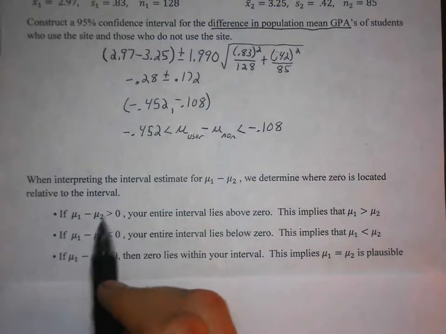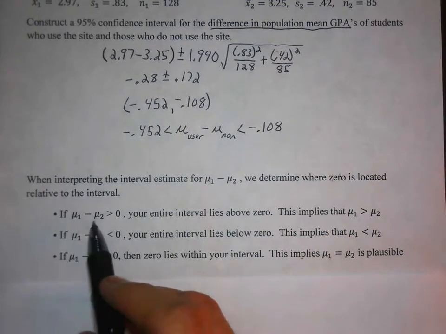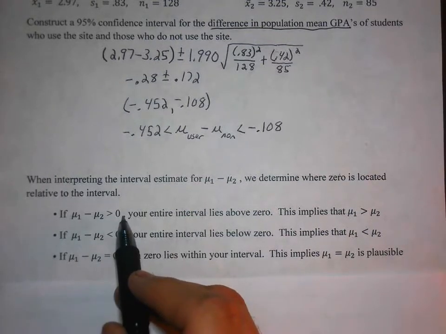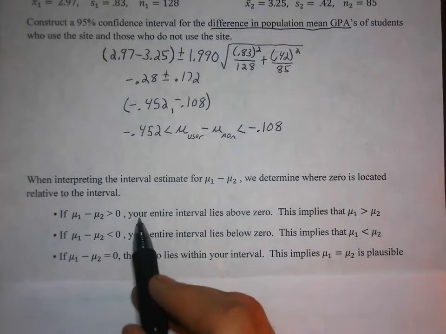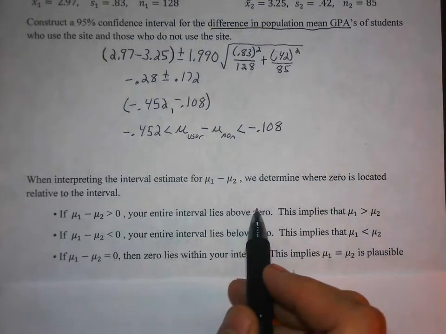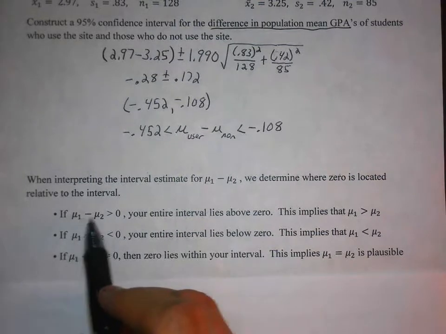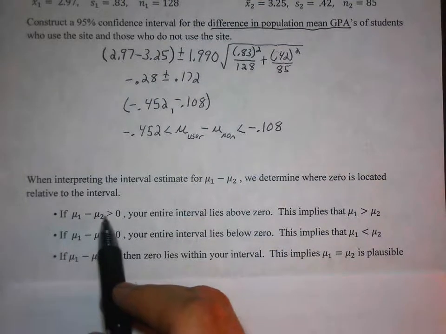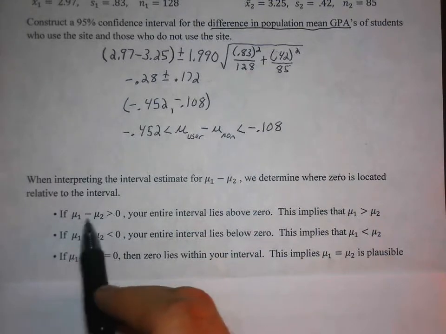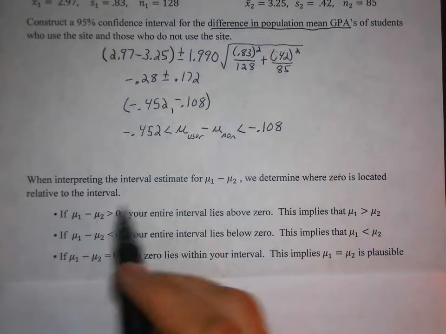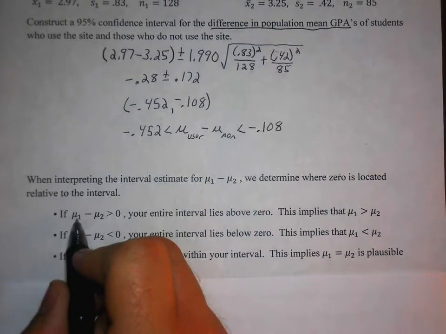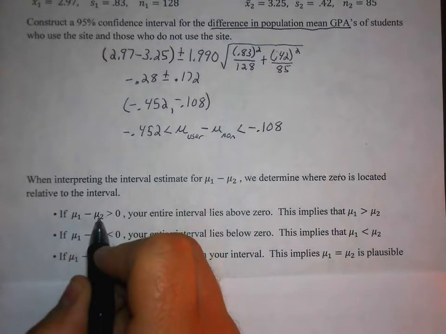So what we mean by that is, if the difference in means is greater than 0, then your entire interval would lie above 0. So if you subtract mu1 minus mu2, and you get a number greater than 0, so you get a positive answer, so the difference in means is positive, it just means that you had a larger number minus a smaller number.